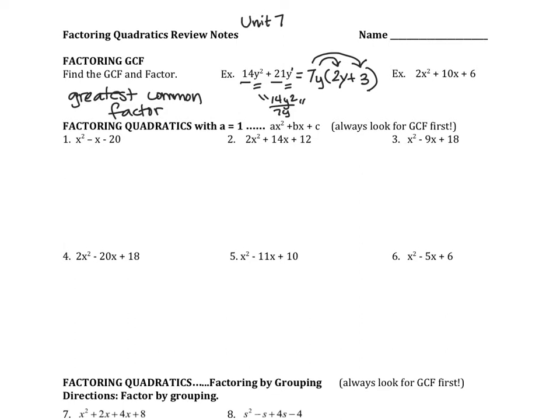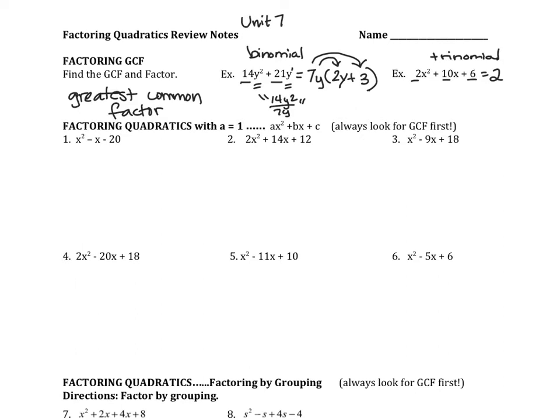So this is a trinomial because it has 3 terms. This was a binomial because it has 2 terms. And here I look at my coefficients and they all have a 2 in common. So in this particular polynomial, I can factor out a 2.